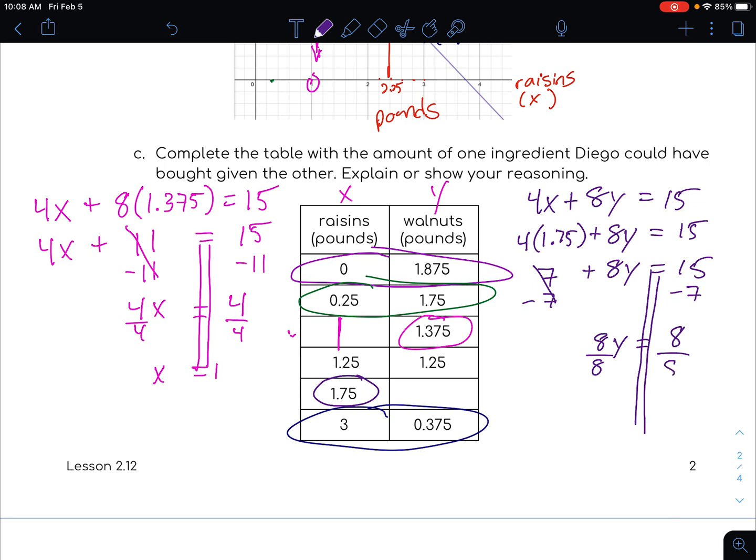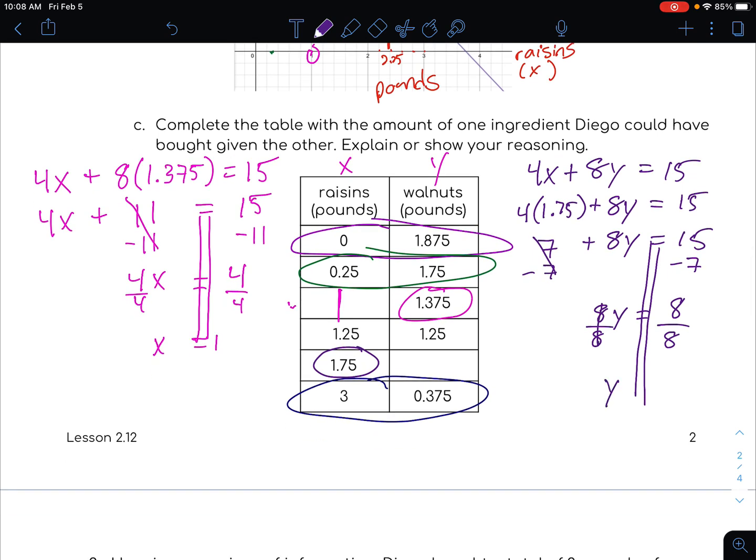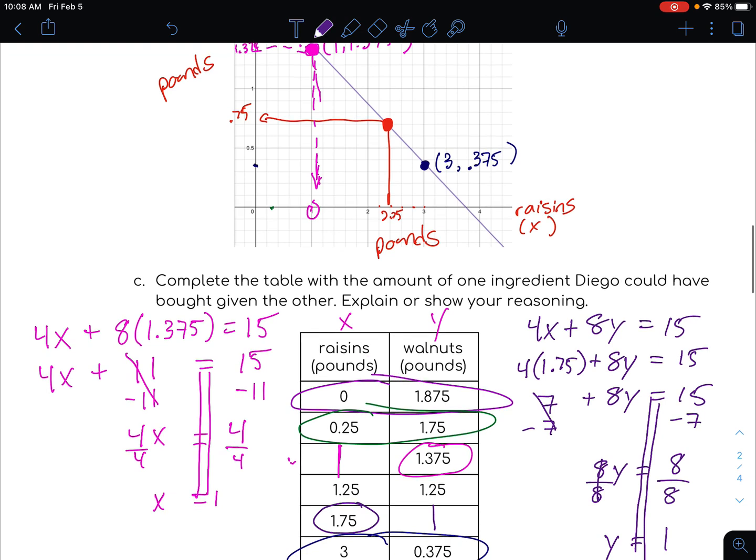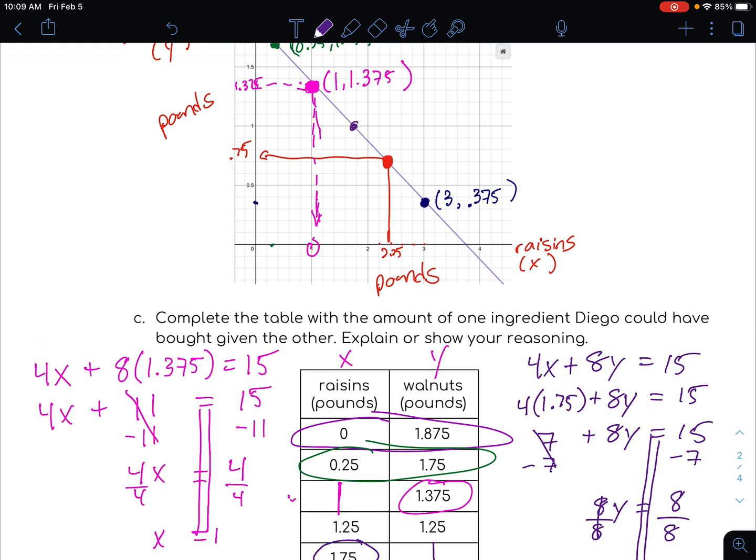Both of these turned out to be kind of nice. So undo multiplying by dividing both sides by 8, and I get y is equal to 8 divided by 8, which is 1. So that is another combination that works, 1.75 and 1. That's going to be that point right there, about 1.75 matches up with 1. So that's the point, 1.75 and 1.